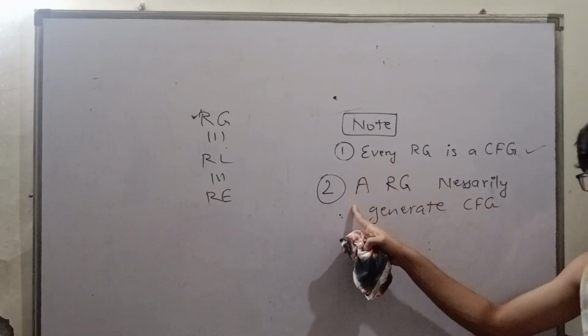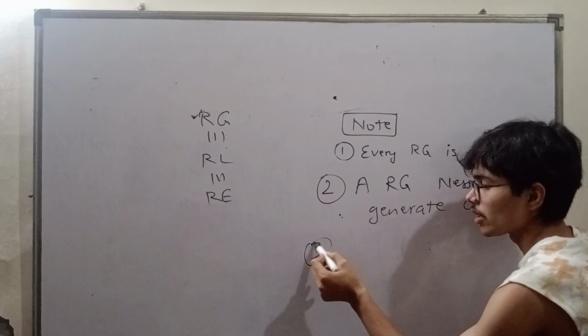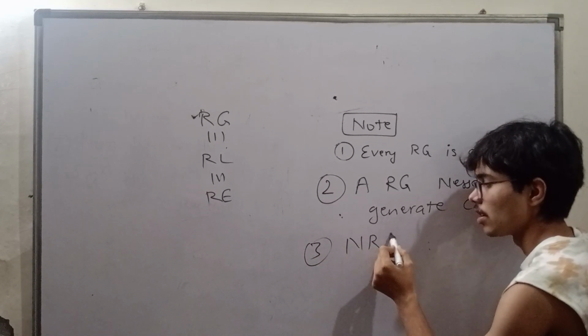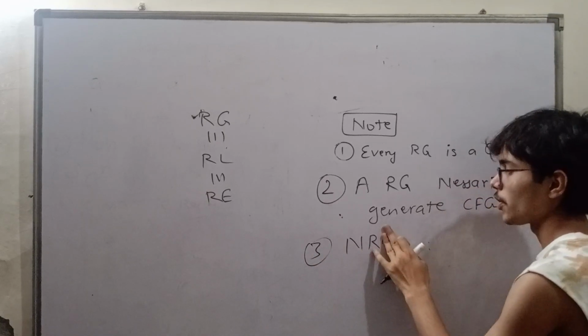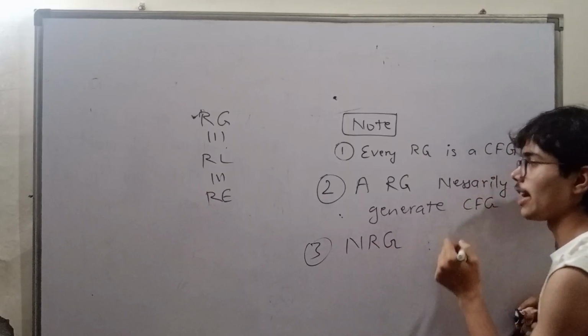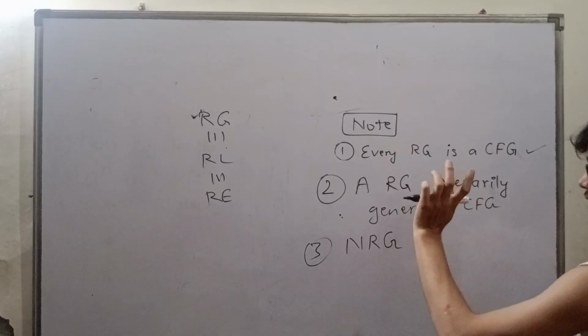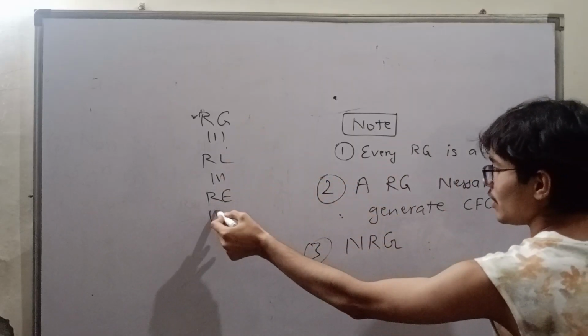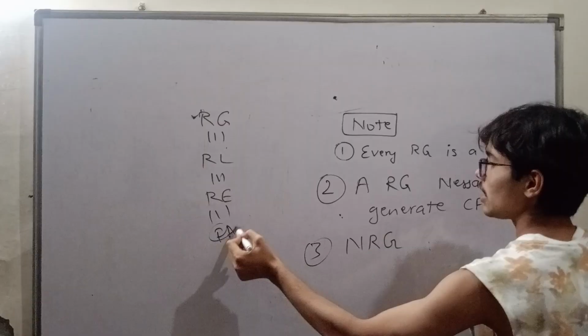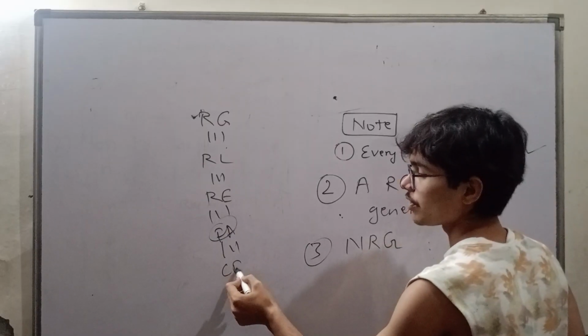Third, we talk about non-regular grammar. Every regular grammar is a context-free grammar. We see that we can create a finite automata, and we can create a context-free grammar.